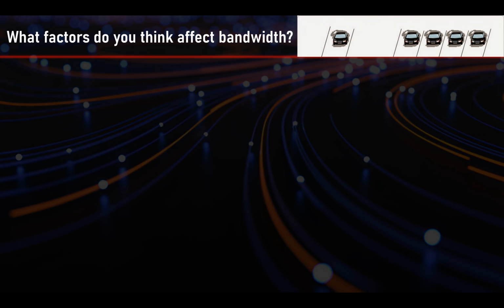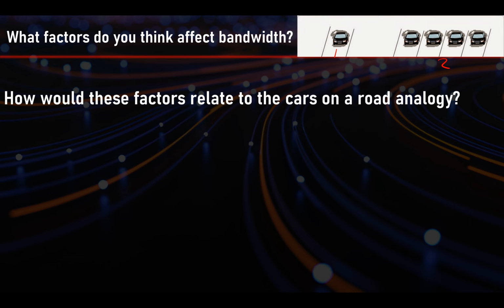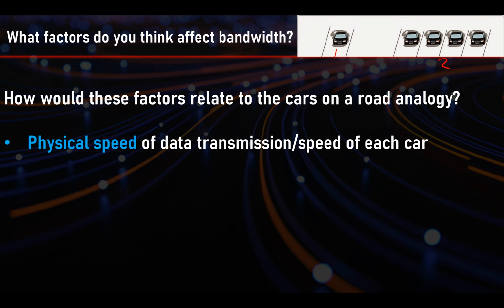Let's try to think, what factors do you think are going to affect bandwidth? Here you can think of one, if we look at example 1 versus example 2. Let's think of the cars on the road analogy that we see in the picture. One is going to be the physical speed of the data transmission, which if we're talking about cars is the speed of each car.